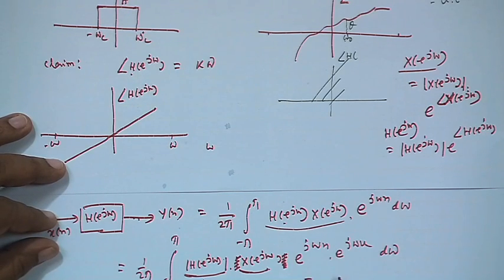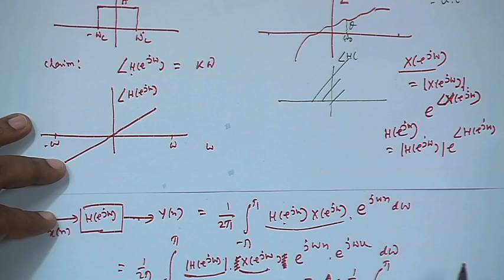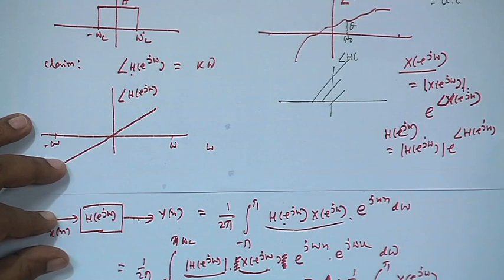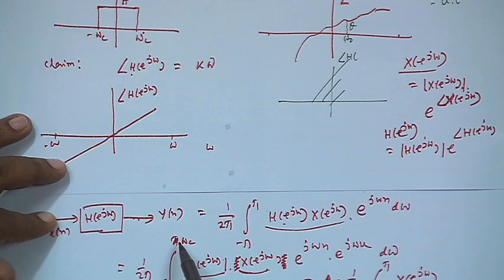So it will be A times 1 by 2 pi, integral from minus pi to pi. You can even keep minus ω_c to plus ω_c here, and when you take A out, this integral you can again bring back to minus pi to pi, because inside you have X(e^{jω}), and that is 0 outside the range minus ω_c to ω_c.